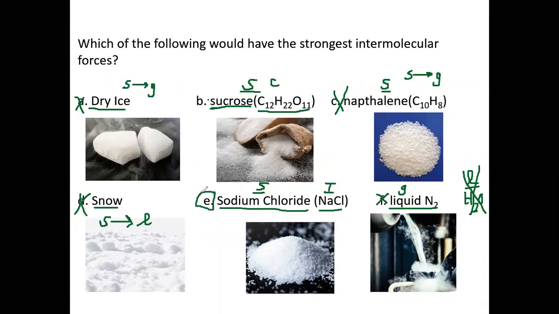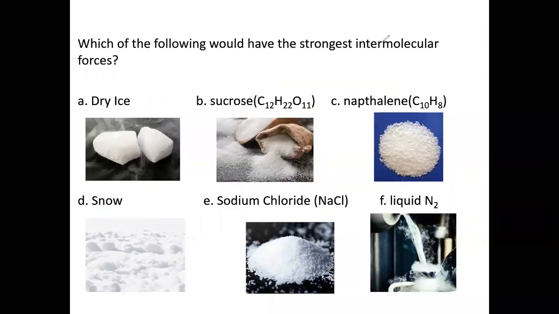Because sodium chloride's melting point is very high because it has that metal-anion interaction. And so out of all of these, sodium chloride would be the strongest. Liquid nitrogen would be the weakest. So that was just an introduction into attractive forces.